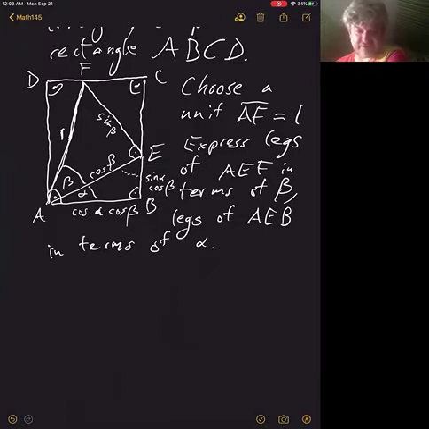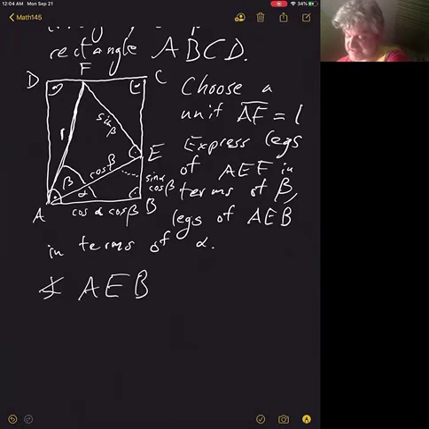I just dotted that one. So the scientific notation for angles would be first a point on the first side, then the vertex, then a point on the second side. So this is A, E, B. E is the vertex. First side has A on it and the second side has B on it. So AEB is this angle.